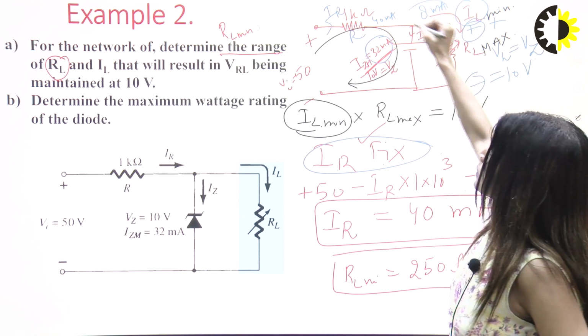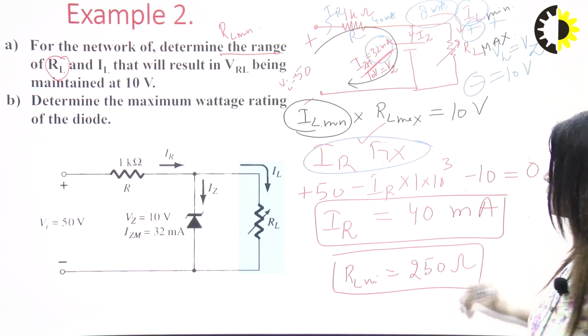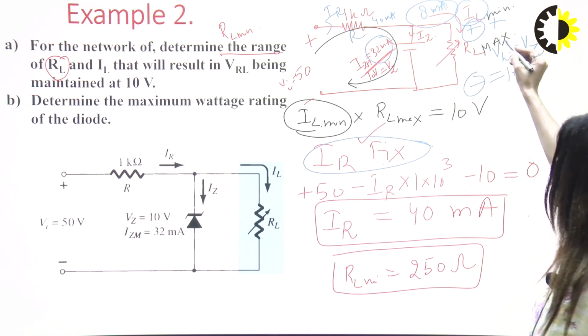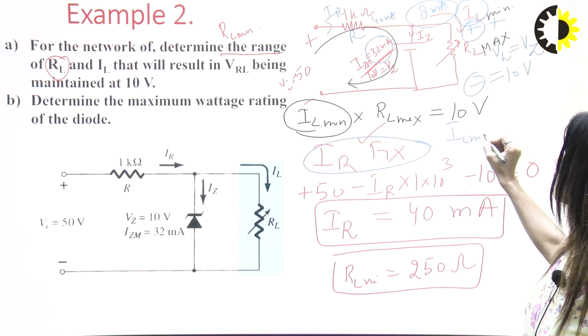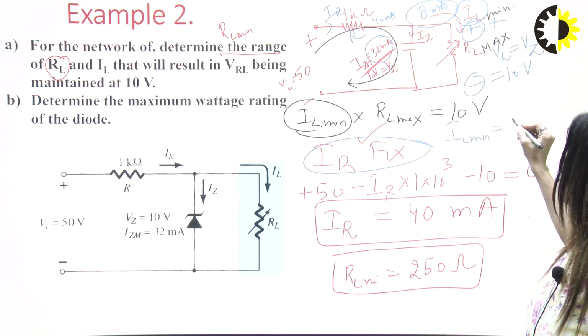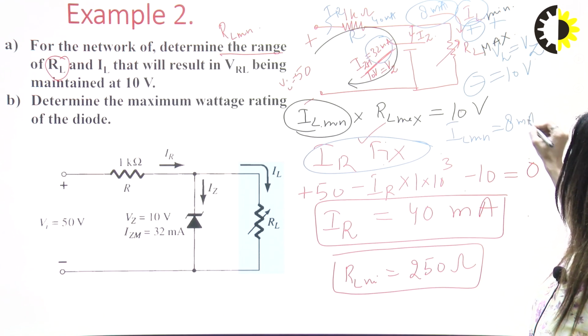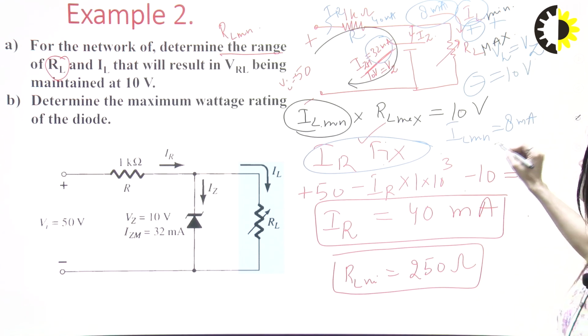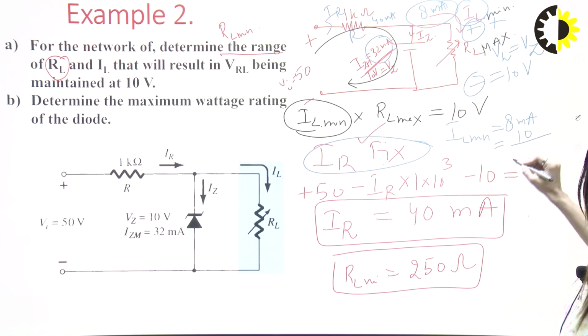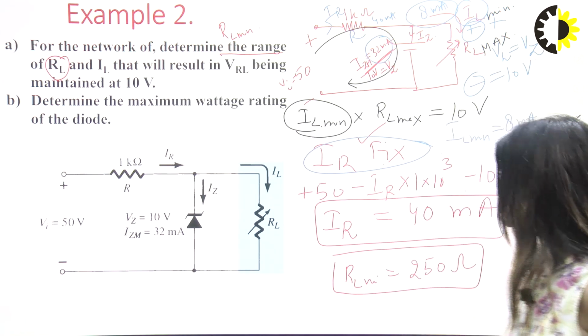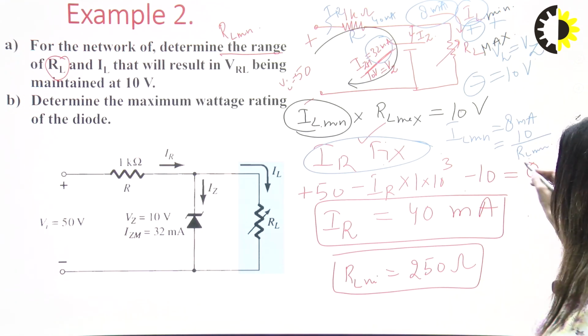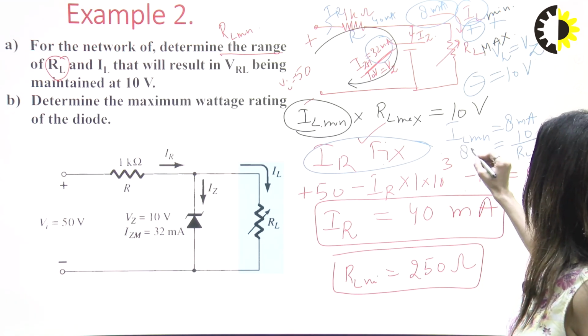So 8 milliampere flows in this branch, which is IL minimum. This 8 milliampere is nothing but 10 upon RL maximum, and hence we can find the value of RL maximum using this formula.